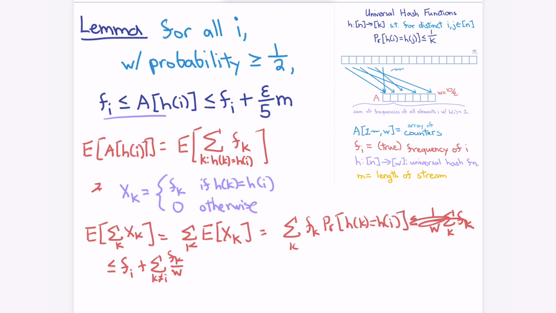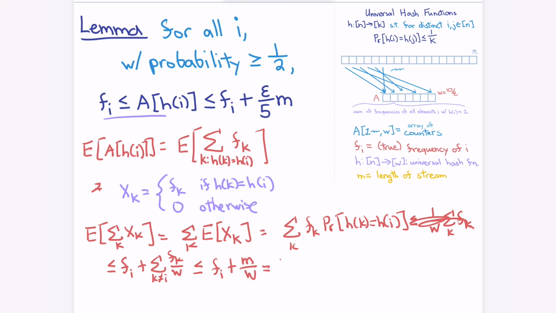We can just replace it with M. We'll give up a little bit, I mean, I'm kind of lazy. M over W. We're double counting f_i a little bit, you could remove that if you want. Okay, so that's nice and simple.